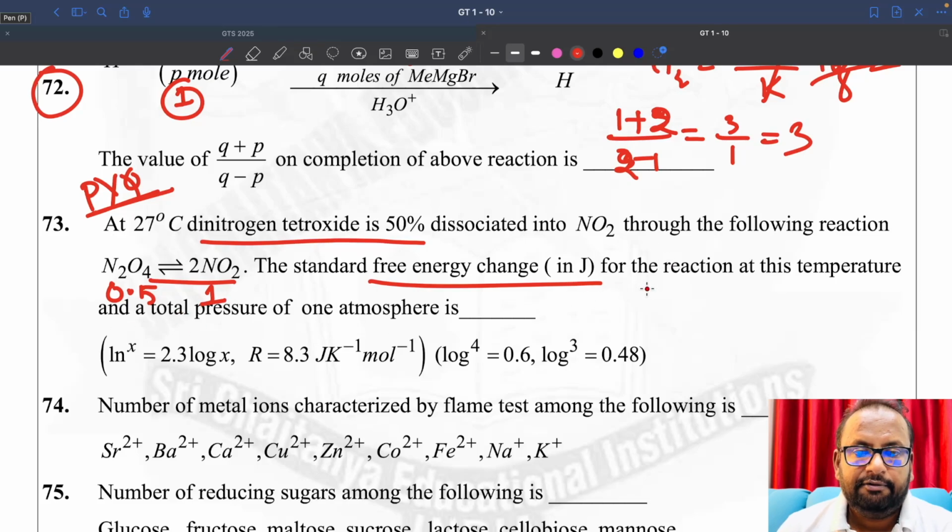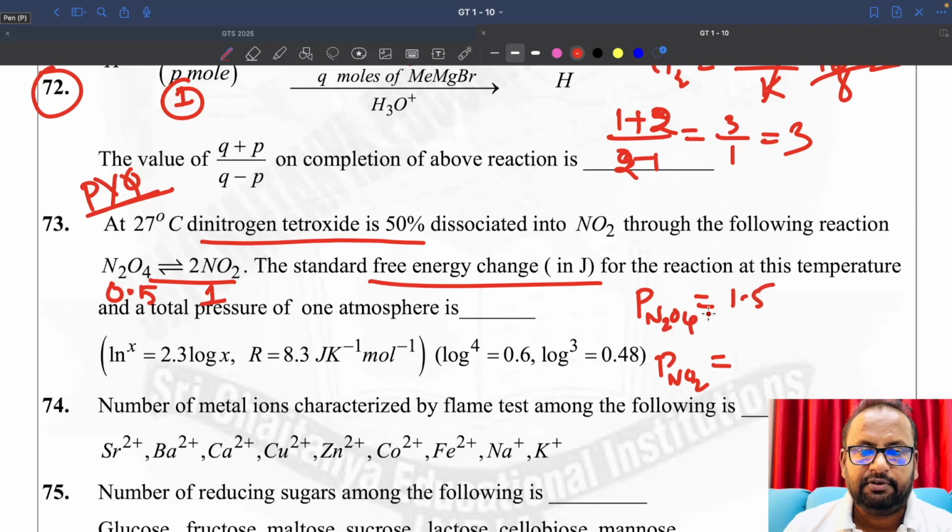First of all, we'll find the pressure of N2O4. Pressure of N2O4 is 1.5. Pressure of NO2 equals how much? This will be the total pressure, right? 1.5 is the total pressure.